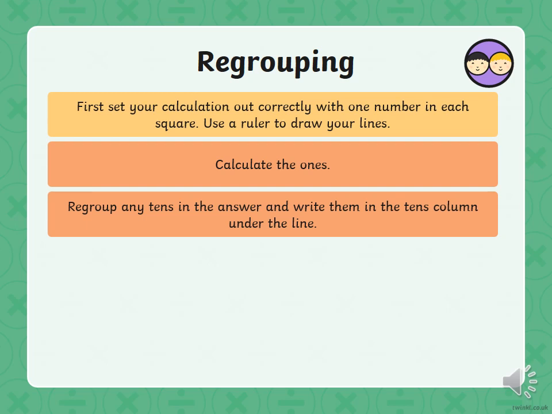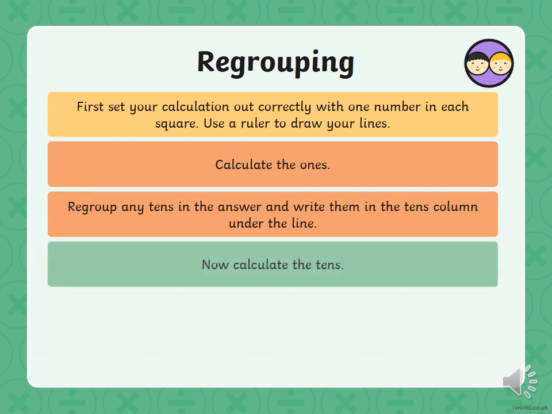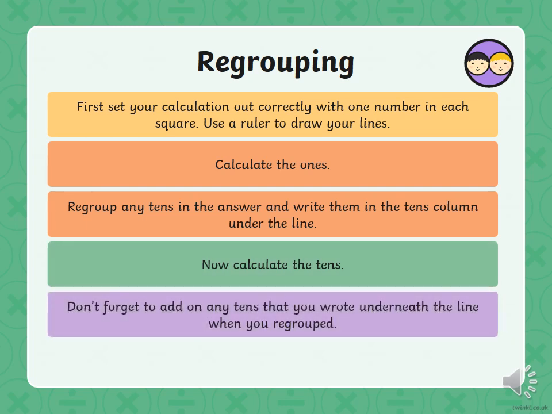Regroup any tens in the answer and then write them in the tens column under the line. Now calculate the tens. Don't forget to add any tens that you have written underneath the line when you have regrouped, because sometimes we tend to forget the regrouping ones and then we also get the wrong answer even though you followed all the other steps correctly, but you've just forgotten to add the regrouping numbers.